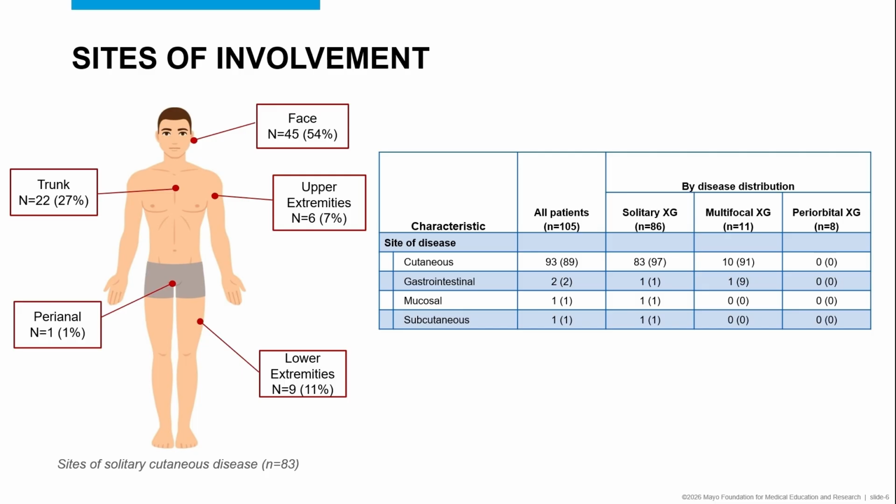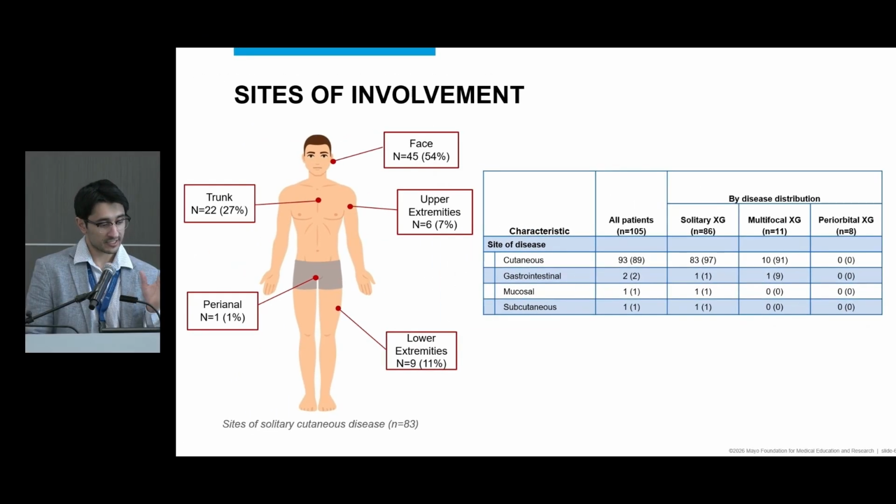Fewer patients had more exotic disease locations in the GI tract and nasal mucosa, and one patient had a subcutaneous lesion. For multifocal disease, the vast majority had multifocal cutaneous disease. One did have multifocal GI disease. The periorbital patients were broken into their own subtype, so they didn't have any at those aforementioned sites. They were all in the orbits.